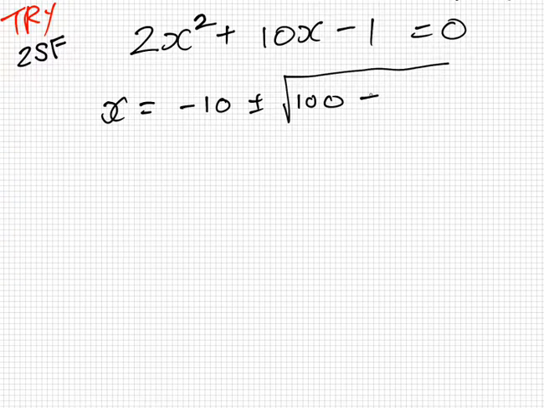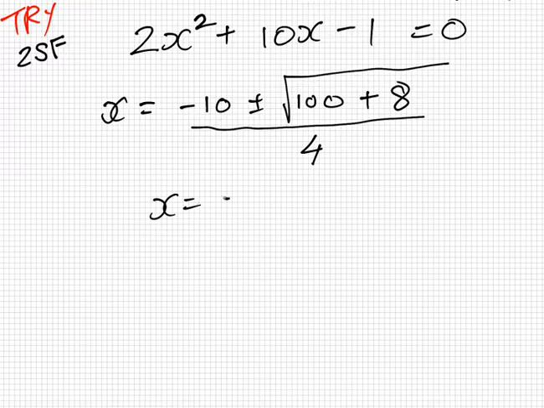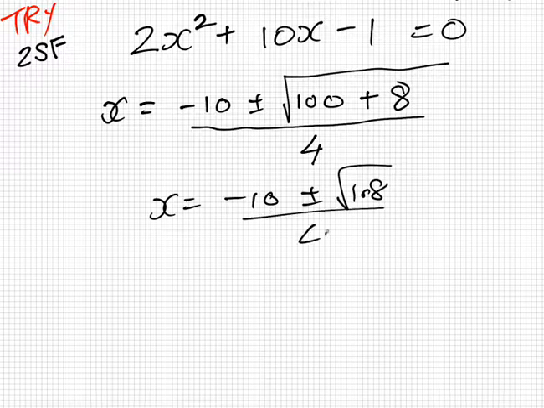But if there's no decimal places, that means you didn't need to use this formula. You could have factorized. So I don't think that would happen. Don't worry about that in the exam. But to answer your question, you don't need to round. So you don't have to worry about it in that case. Yeah. All right. We'll do some examples now.